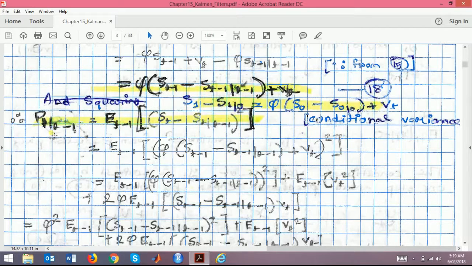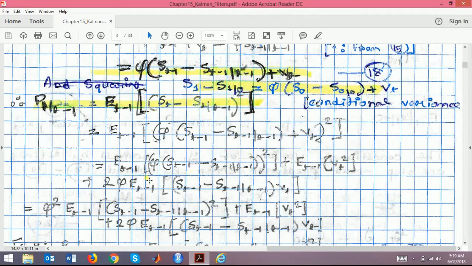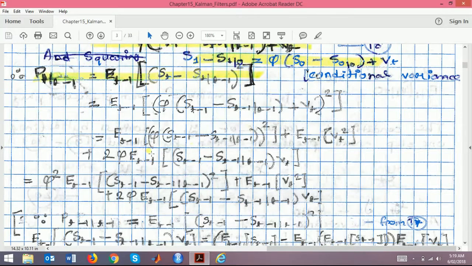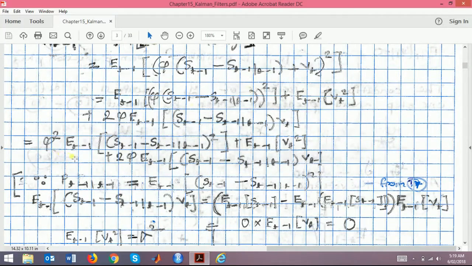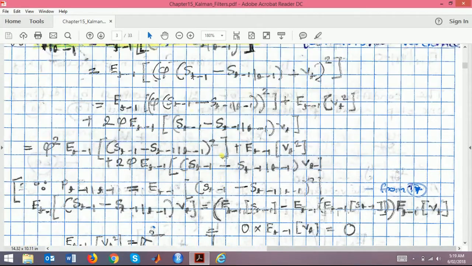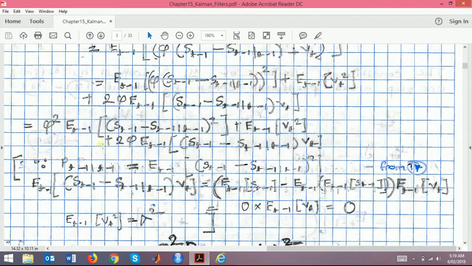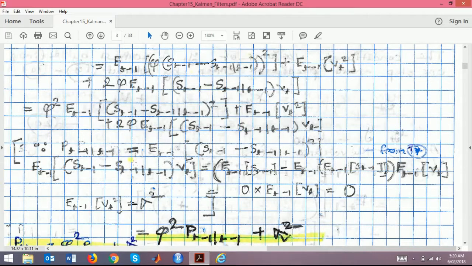And so we square it to get the conditional variance. Now we are measuring the conditional variance P1|0. We square it and put these values inside, do an (a plus b) whole square, break it down to this equation, and then ultimately we are left with phi square times (s0 minus s0|0) squared plus v squared plus 2 phi (s0 minus s0|0) vt.